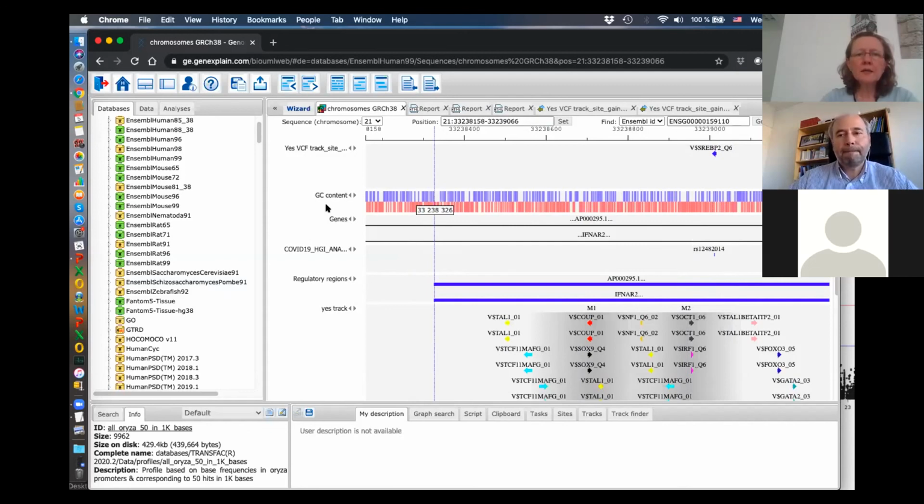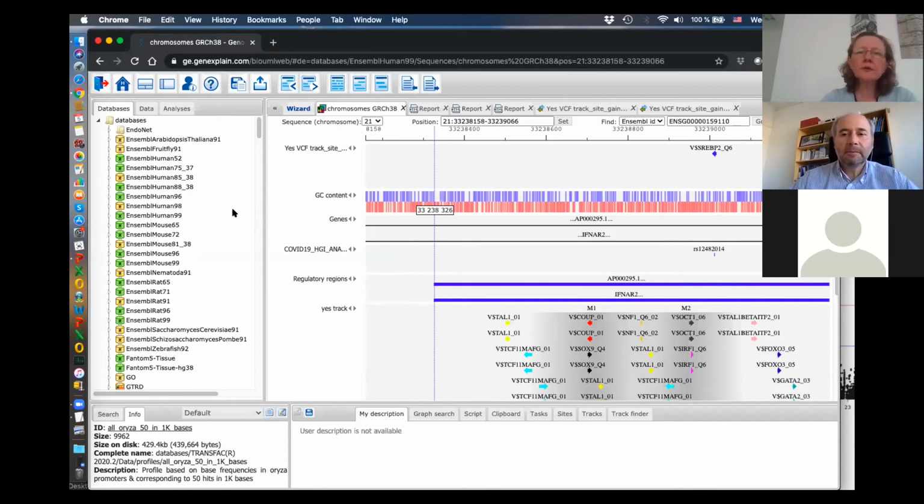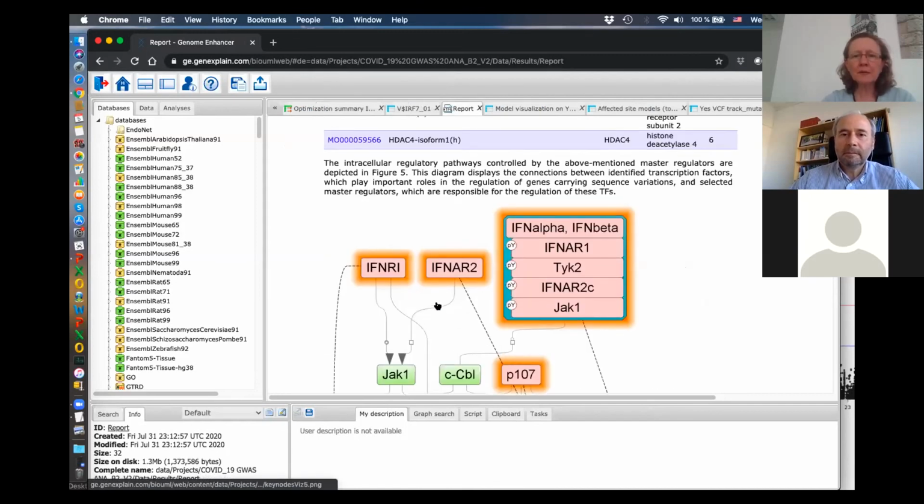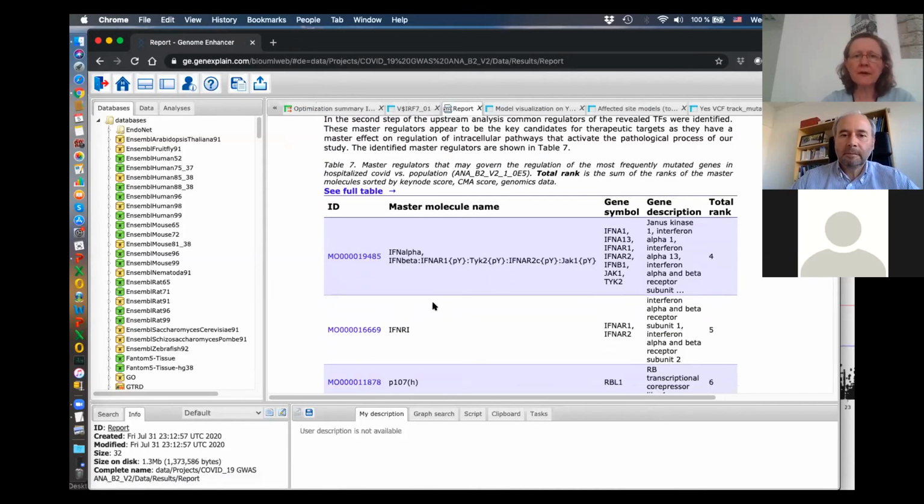In addition, TRANSFAC contains a lot of additional information about transcription factors. There are so-called reports on transcription factors where you can get information about their function and structure, because after you have identified putative binding sites, you're definitely interested to know more about these transcription factors, and TRANSFAC is very helpful with this information.